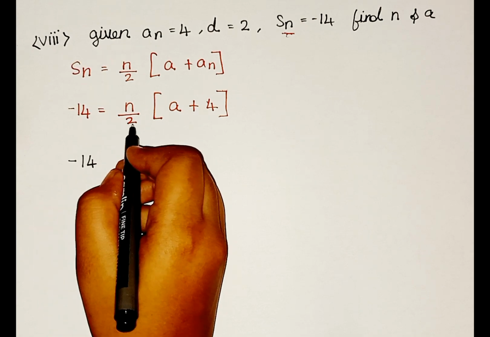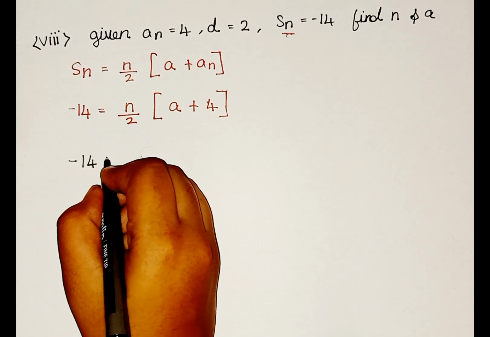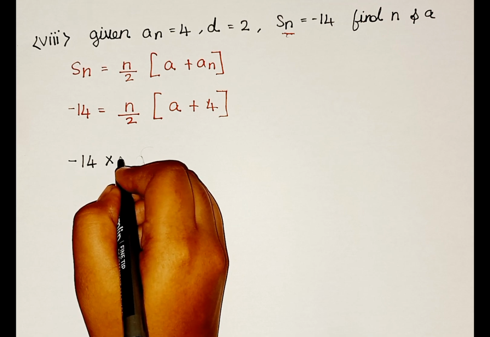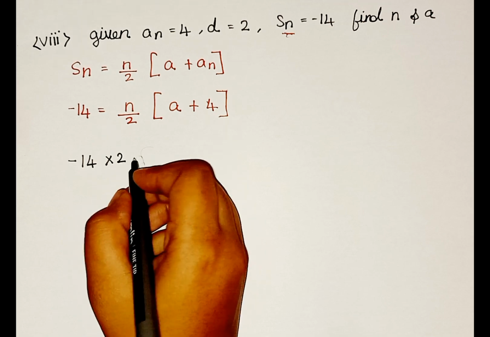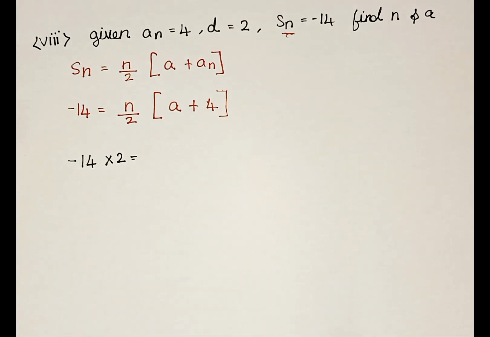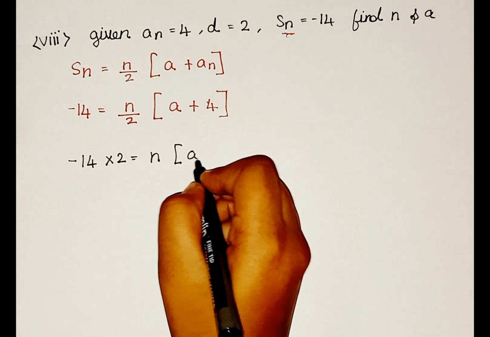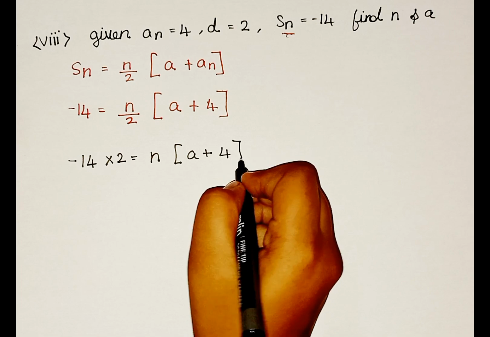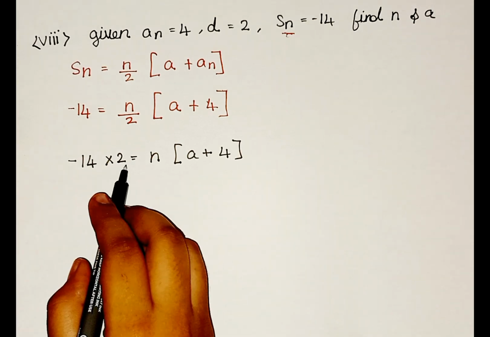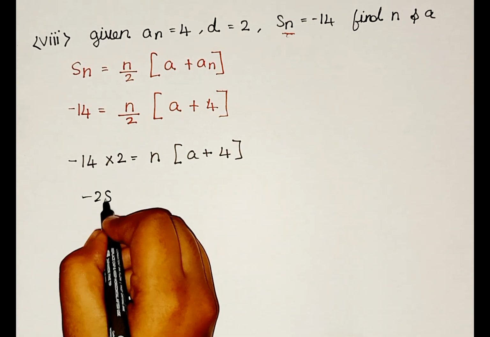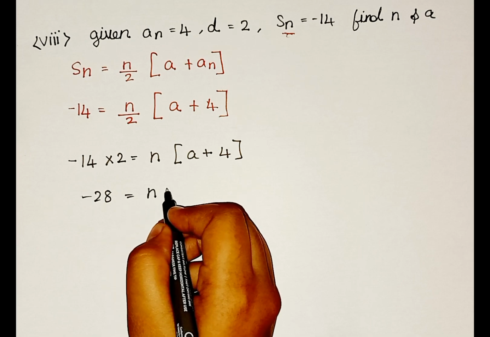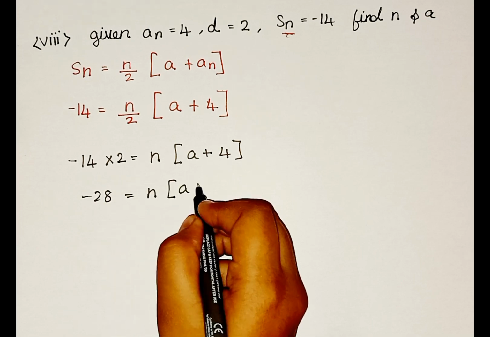Here it is divided by 2. When it comes to this side, it changes into multiplication. So it's going to be into 2 is equal to n into bracket a plus 4. Now minus 14 into 2 is minus 28, equal to n bracket a plus 4.